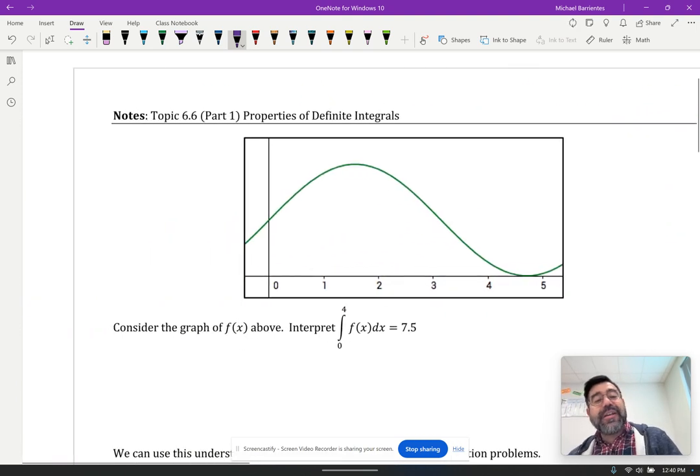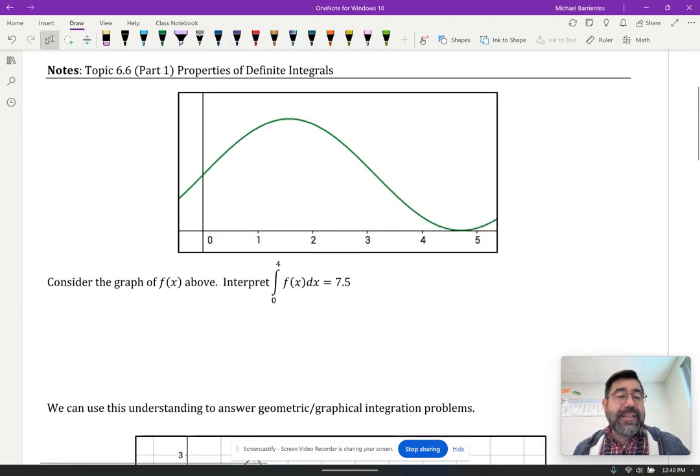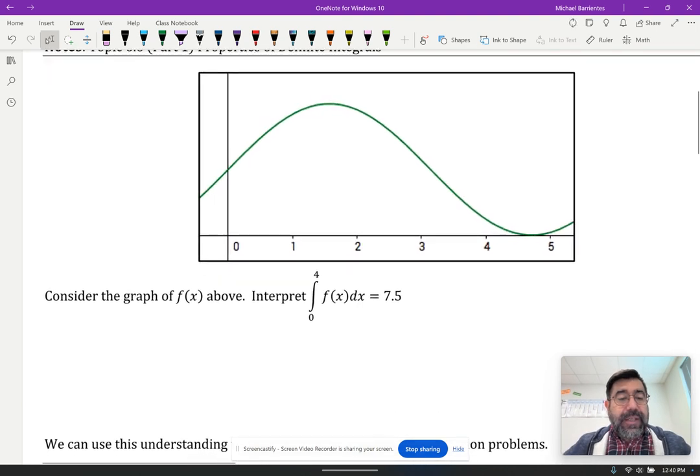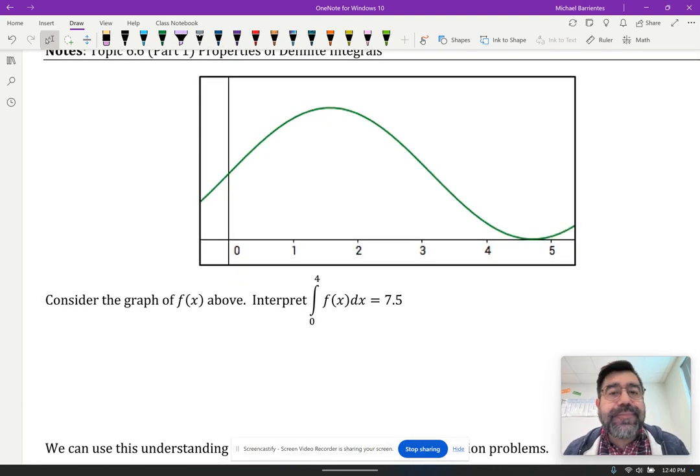We're going to start today with this section. I'm actually going to start with section 6.6 before going back to 6.1 and 6.2, because I think 6.6 gives us a good idea of what a definite integral represents. A definite integral represents the area bounded between the function and the x-axis.